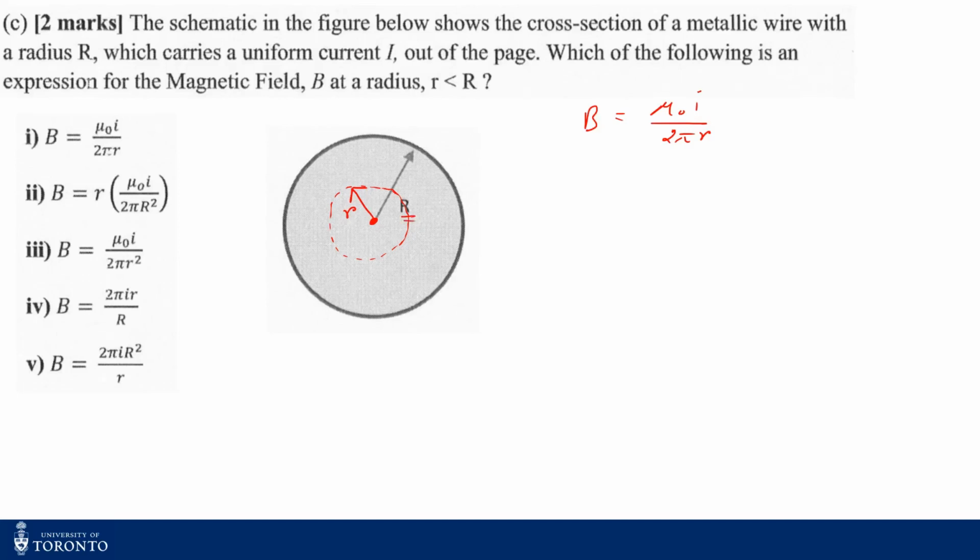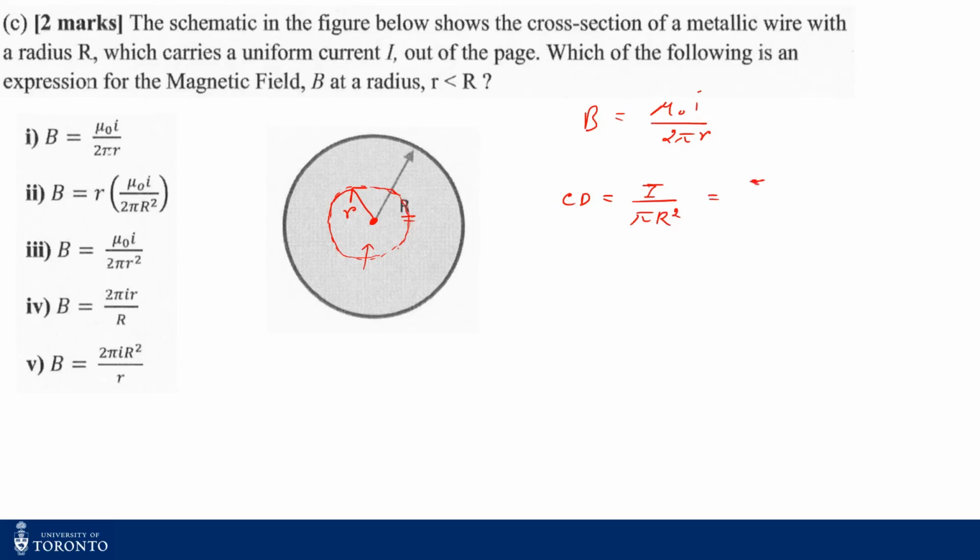So what's my current density? Let's say I term my current density as CD. So my current density has to be current divided by the area, which is pi R squared. Now if I want to find the magnetic field because of this smaller region of the wire, this should also have a similar current density.